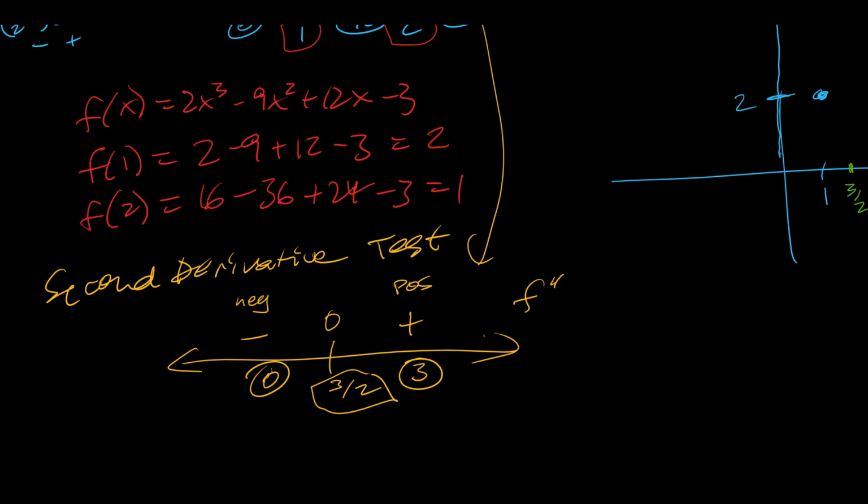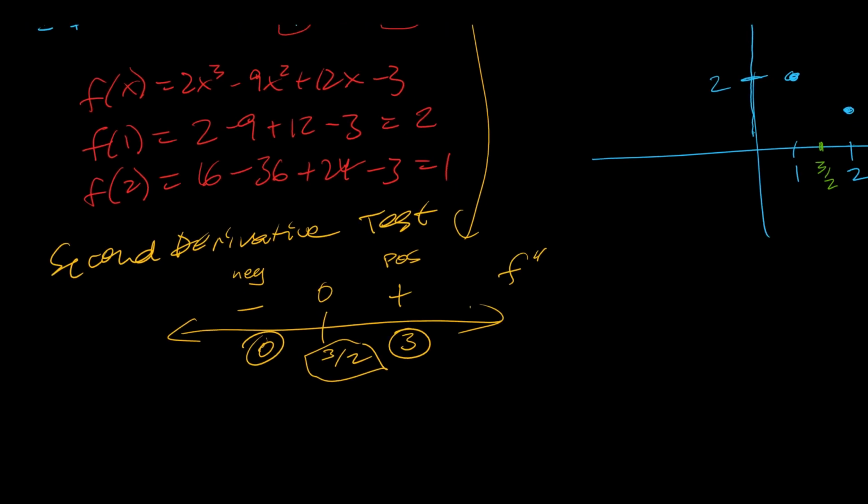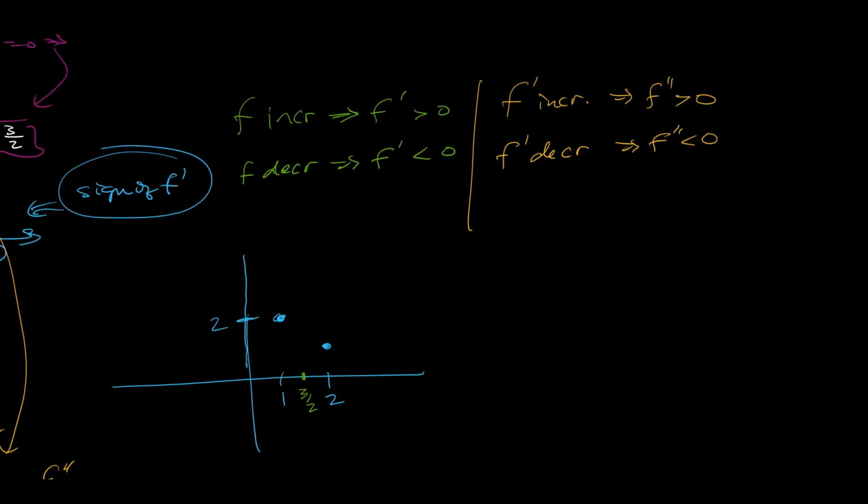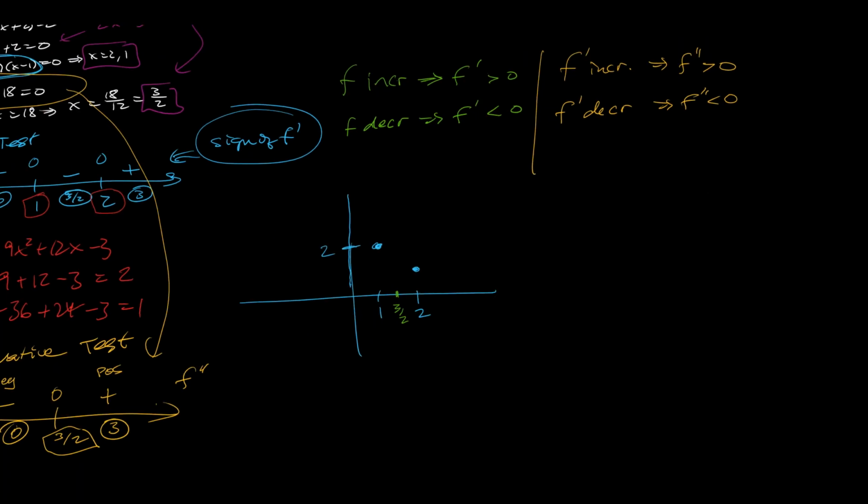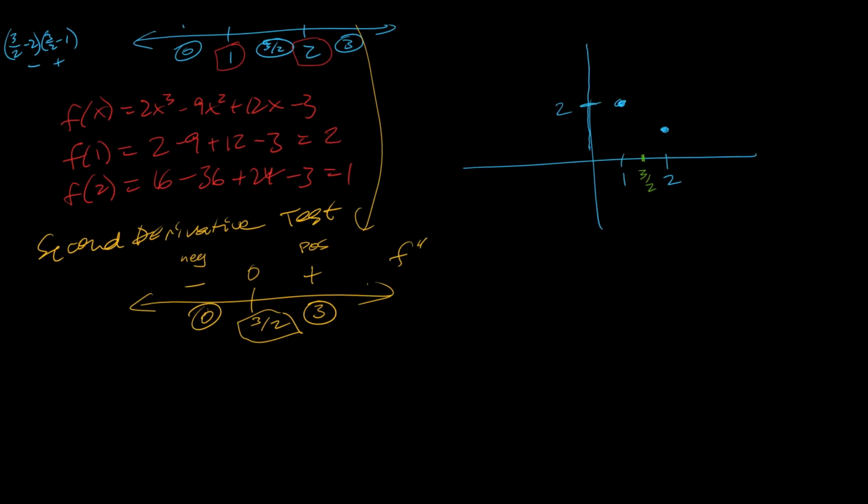So what does this mean for the first derivative? Well, let's see, what was the rule? When the second derivative is positive, the first derivative is increasing. So f prime is increasing here, and f prime is decreasing here, where the second derivative is negative.